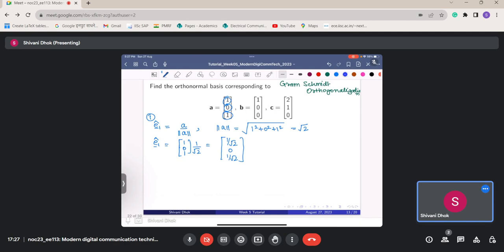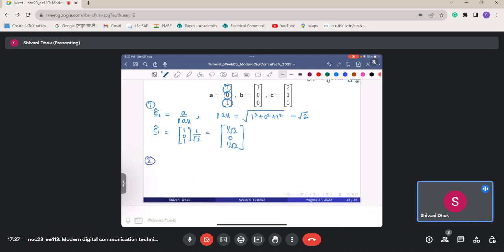Now let us go for the second. For constructing the second, we need to consider this vector and remove the components of the first vector which are along its direction. For that we project B on A and remove its component.